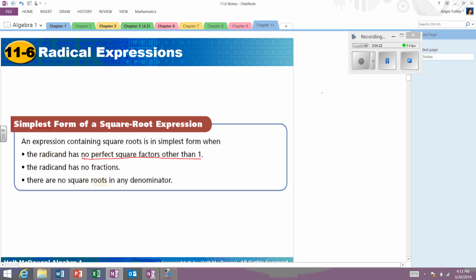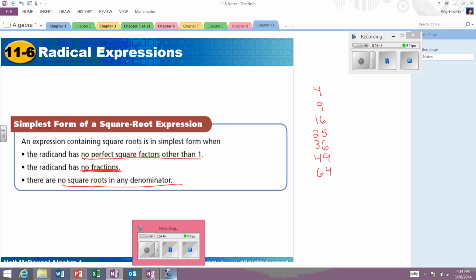And those perfect square factors are 4, 9, 16, 25, 36, 49, 64, and so on, okay? The ones that are perfect squares of numbers. We want to make sure the radicand has no fractions under it. And then we want to make sure there's never a square root in a denominator. If we have a fraction, that can never be in a denominator.